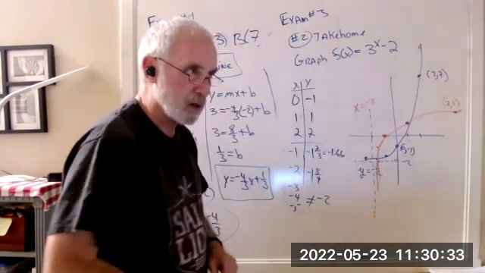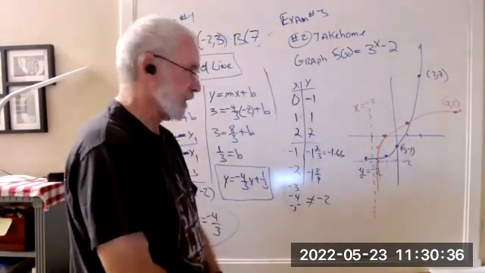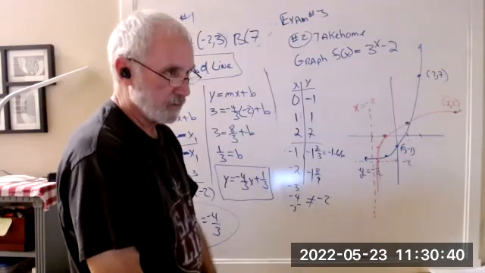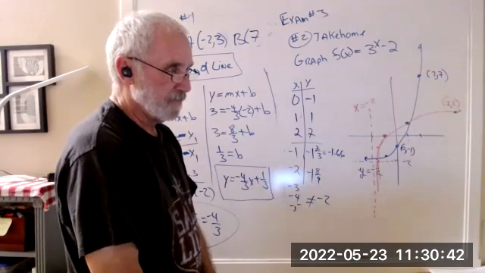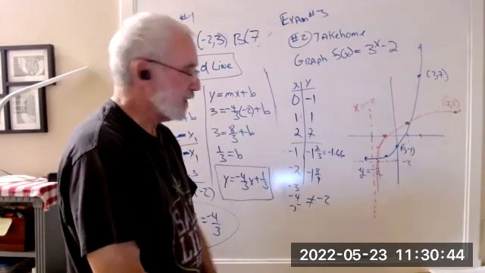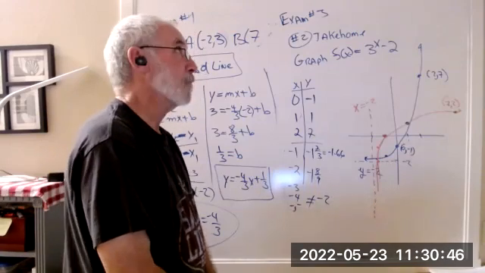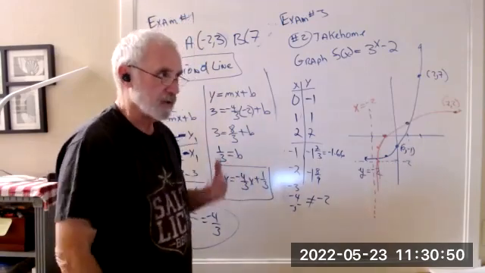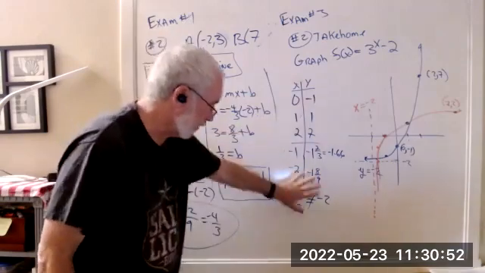Everything that used to be a y is an x. Everything that used to be an x is a y. Is that okay? So I really didn't have to do any math at all. I had to think, but I didn't have to do any calculations because they were already right here.